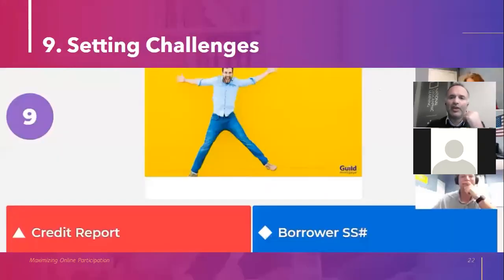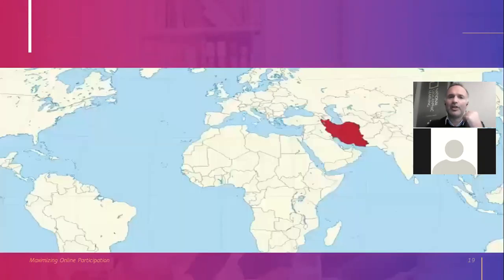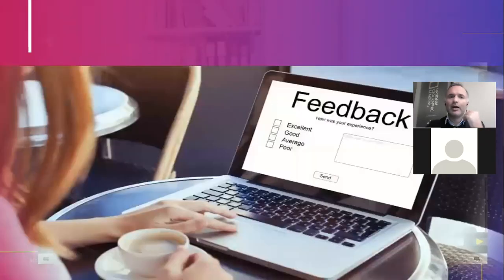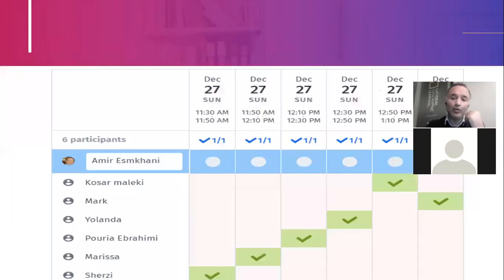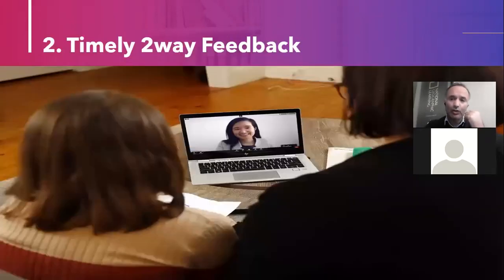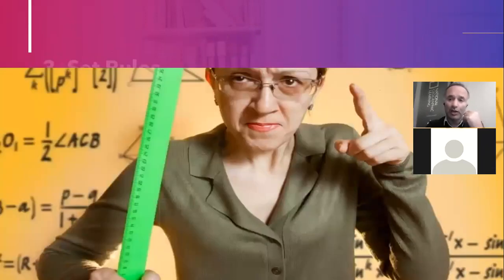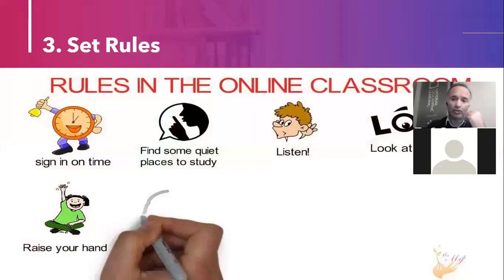So very quickly, going from the first one to the last one, I said to try to explore the platform you are using, all the functions and features. Give two-way timely feedback. Give them your office hours to come to meet you online. Number 3 was set rules, and when you are setting rules, do it together with your students.